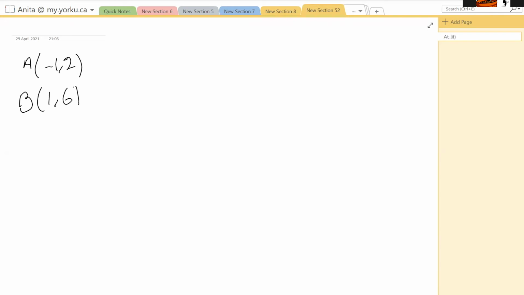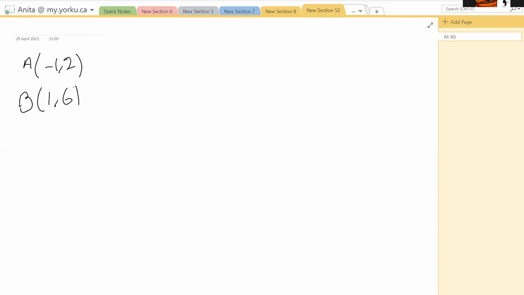Now, how do we find the equation of the line that passes through these 2 points? Do you remember what we did for the previous example? Yeah.